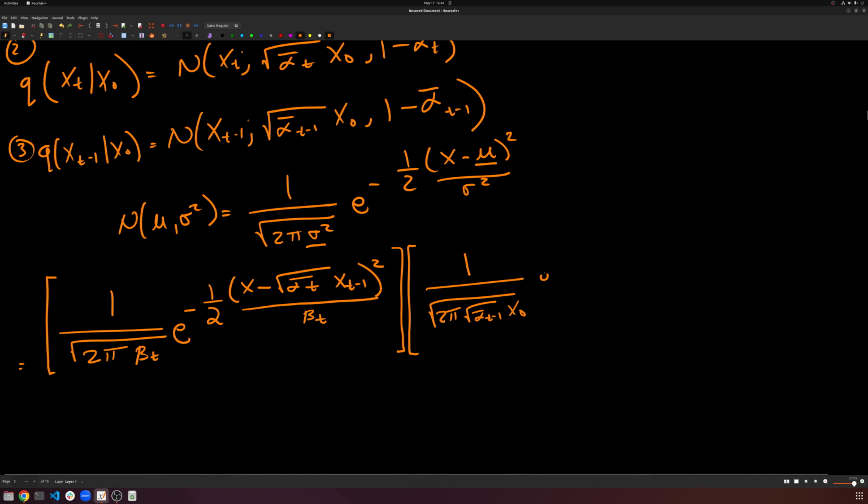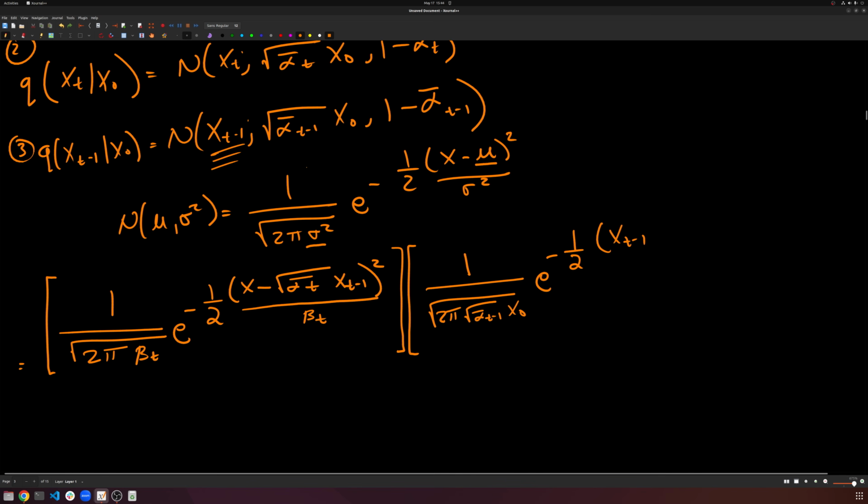And then we'll have e to the power negative 1/2, and we'll have x_{t-1}, because the variable here is t minus 1. It's going to be x_{t-1} minus the square root of, again, our mean is the square root of alpha hat t minus 1 times x_0.